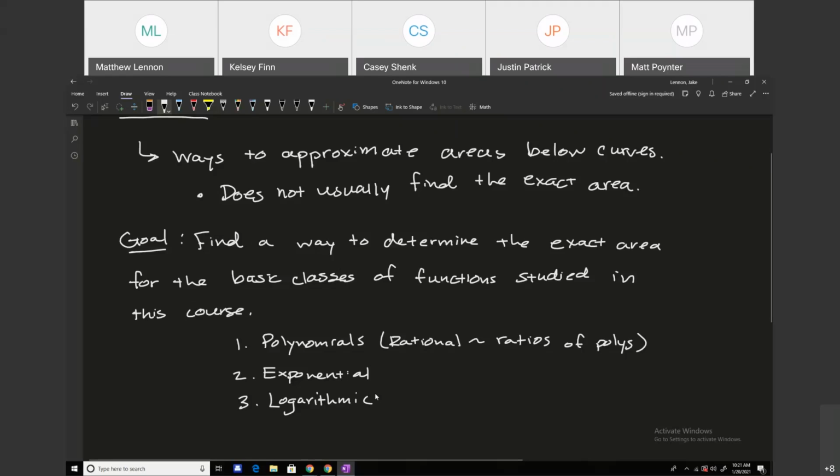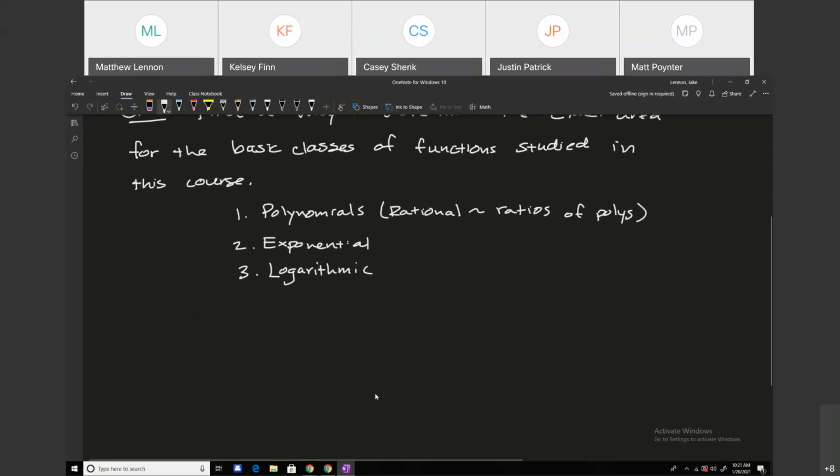So the first thing we want to talk about is the antiderivative. That's what this section is called. So let's define an antiderivative and then think about what an example might be.